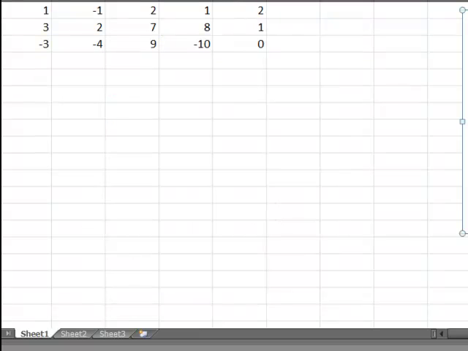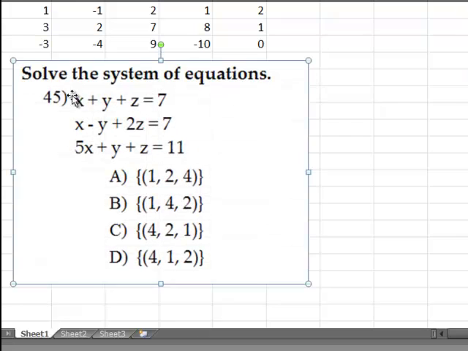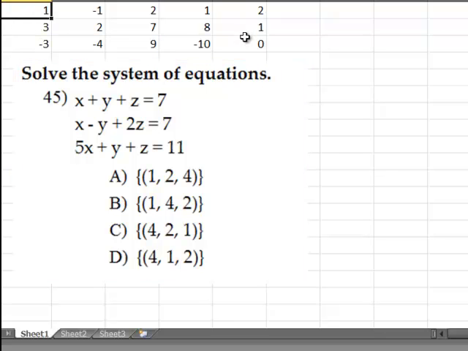Okay, so now you try this number here. Okay, so if you notice, I don't even have to type the equation over again because it automatically stays in there.